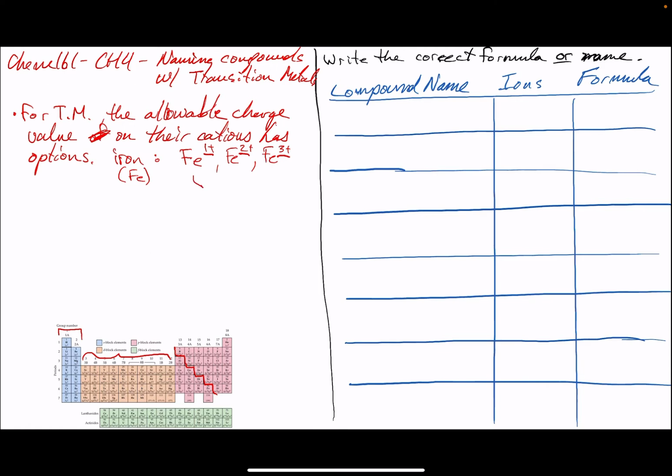So what you'll see in the name for ionic compounds with transition metals is a Roman numeral that speaks to the charge value of the cation in question. Okay? So let's take a look at a few examples. Perhaps we'll start with the compound name. So we could be given iron(I) oxide, and we could be asked to determine the formula.